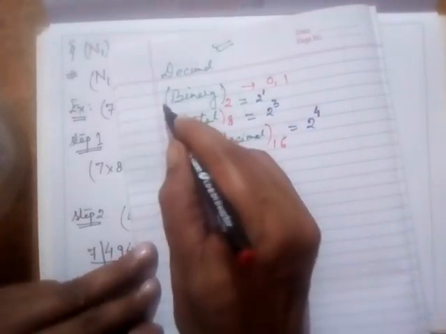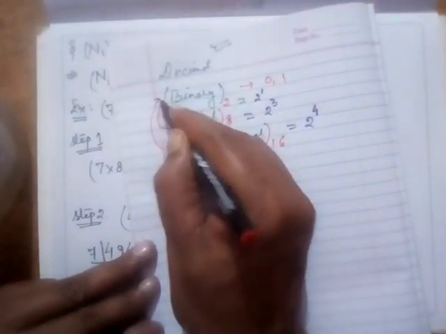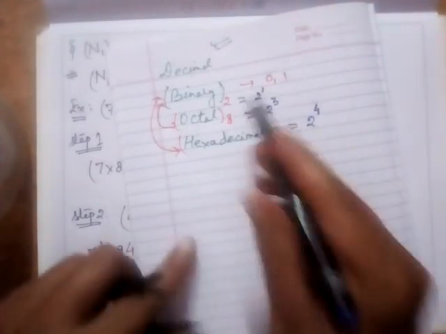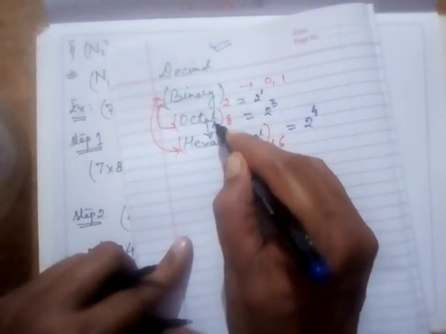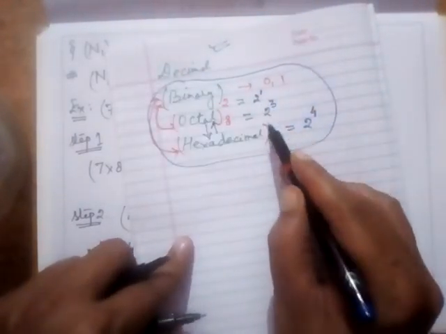Suppose I have to go for conversion between binary to octal, or binary to hexadecimal, or vice versa. Or a conversion from octal to hexadecimal or hexadecimal to octal or any other combination among these three, and these three bases are in terms of powers of 2.